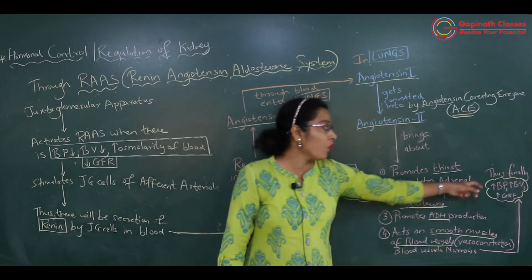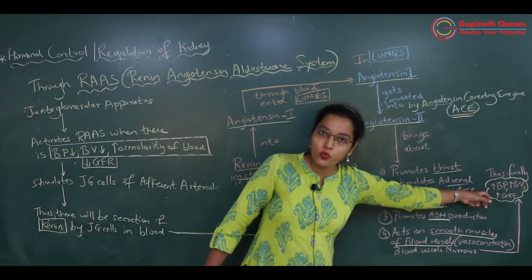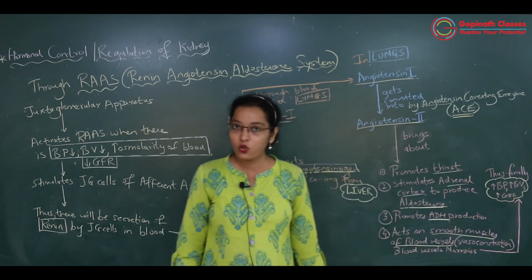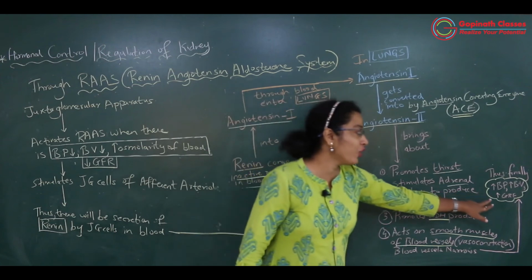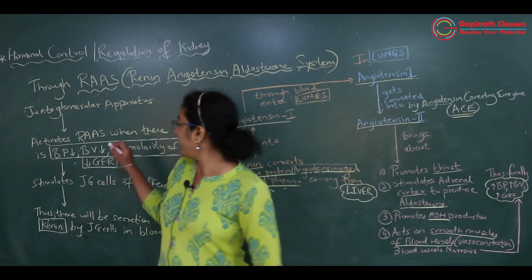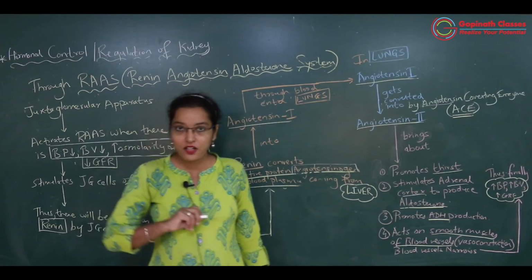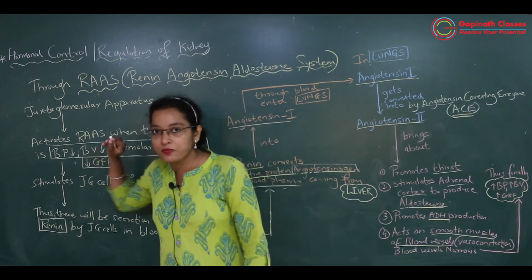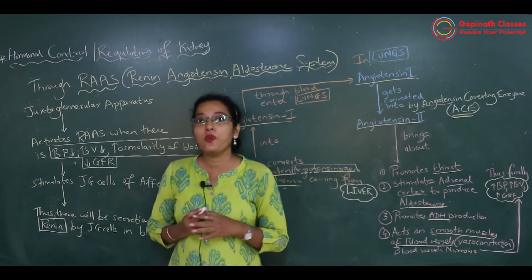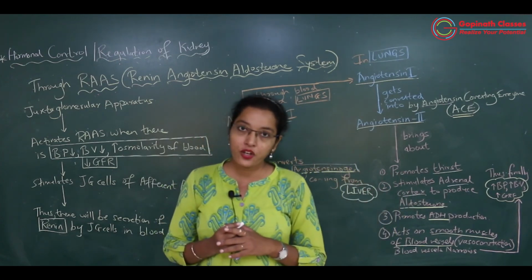Blood pressure will increase, blood volume will increase, GFR rate will also increase. And osmolarity of the blood will decrease. यहाँ पे osmolarity ज़्यादा था because blood volume कम था, यहाँ पे blood volume increase हो गया, so osmolarity will decrease. Got it?